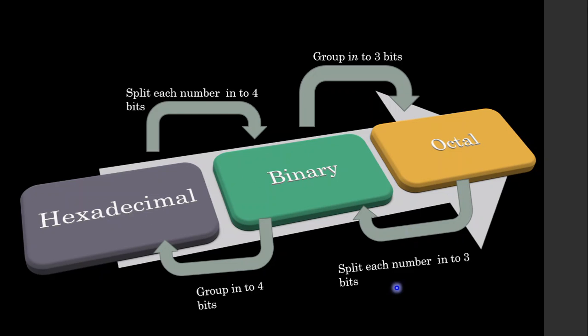So now when you are going to convert a binary number to an octal number, we have to group the bits into groups of 3 bits to form an octal number. Likewise, when you want to convert an octal number to a binary number, we have to split each digit into 3 bits.